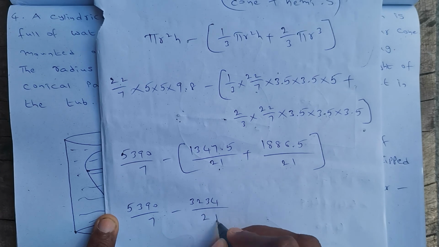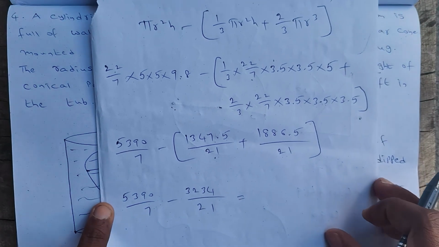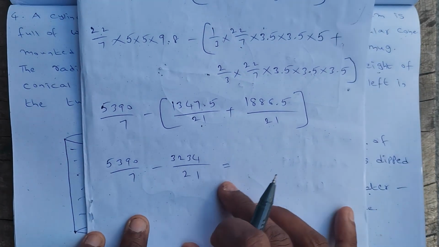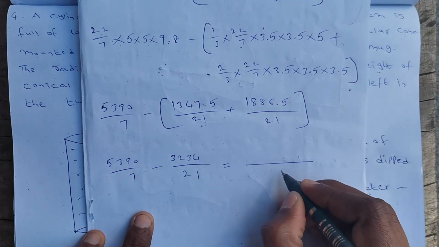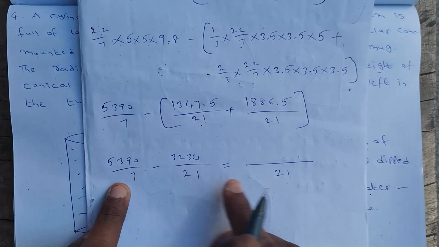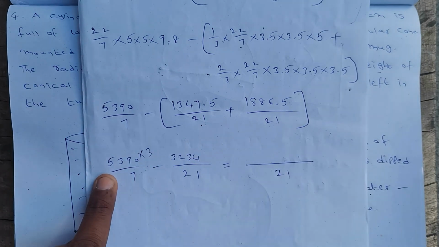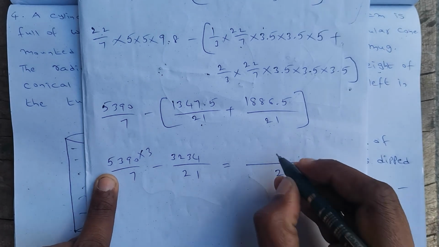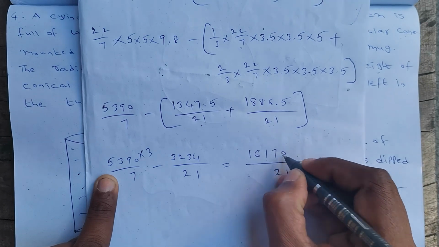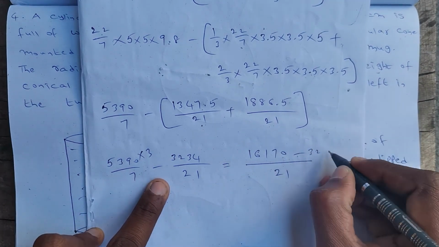3234 divided by 21. Here both denominators are different, so if we take the LCM of 7 and 21, the LCM is 21. So in the 7 table where will we get 21? 3 sevens, so multiply this with 3. 5390 into 3 is 16,170, minus 3234.